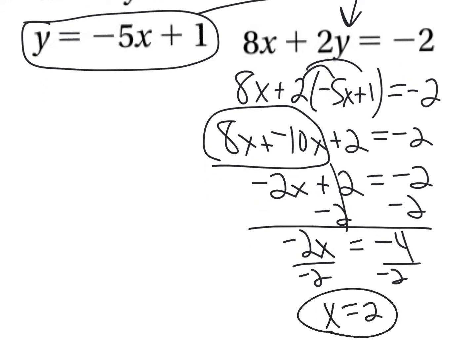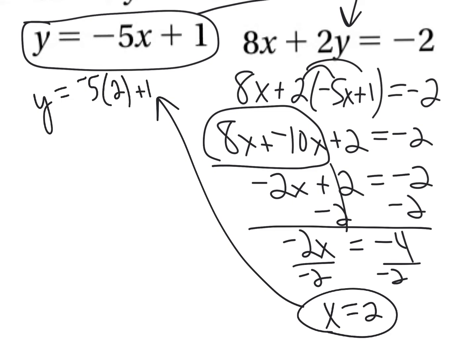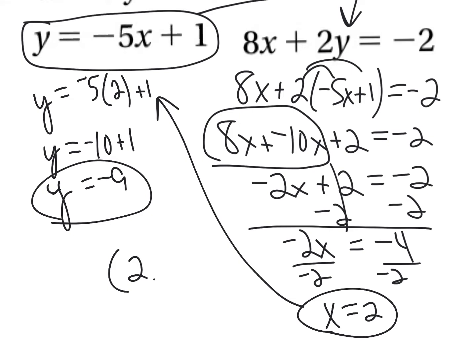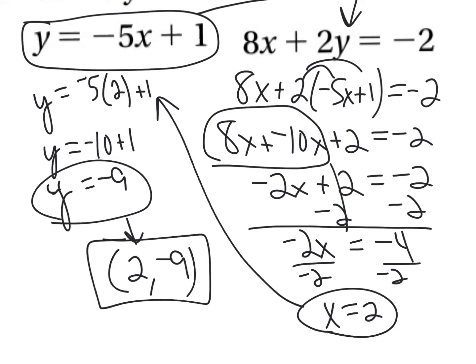So x equals 2, and now I've got this space over here. I can put a 2 in place of the x. And that tells me 2, -9 would be the one solution for that system of equations.